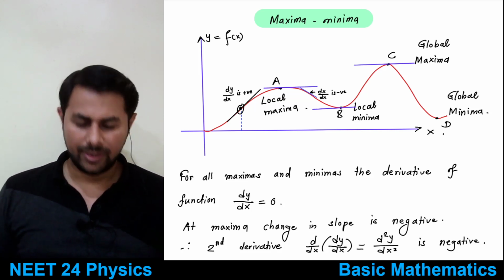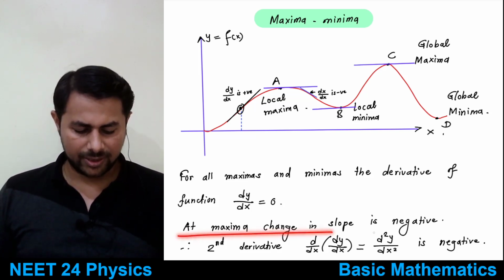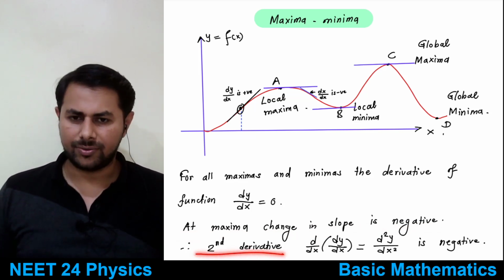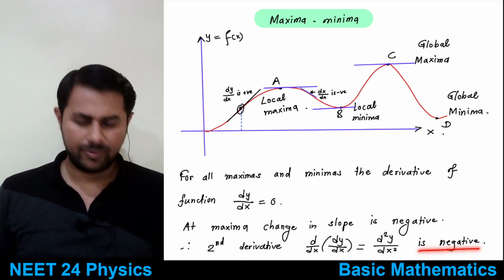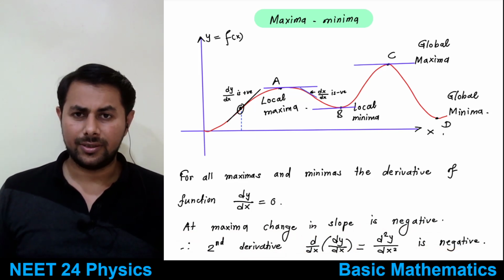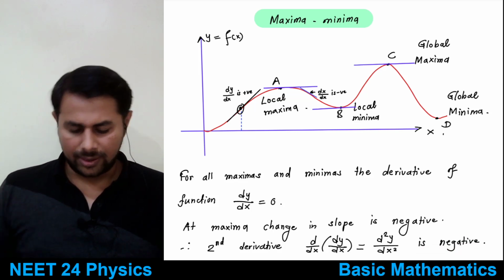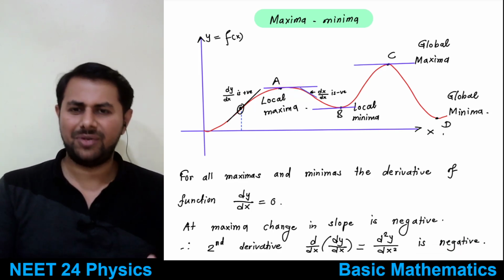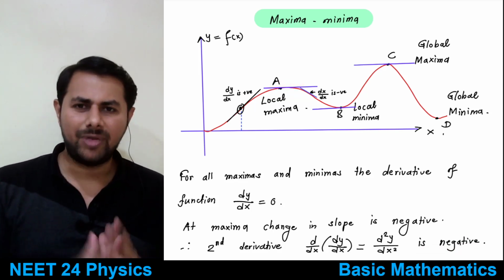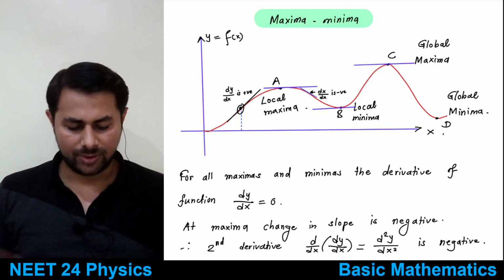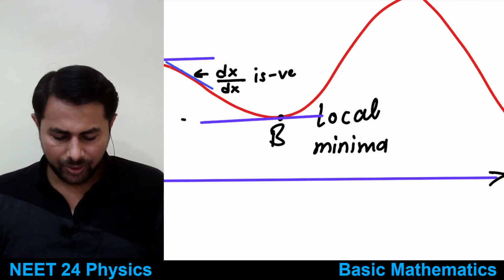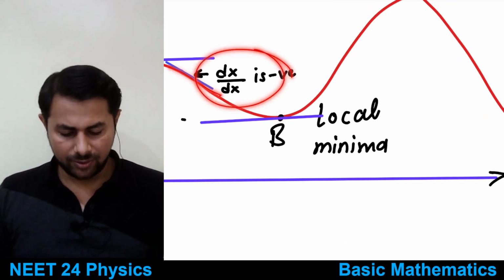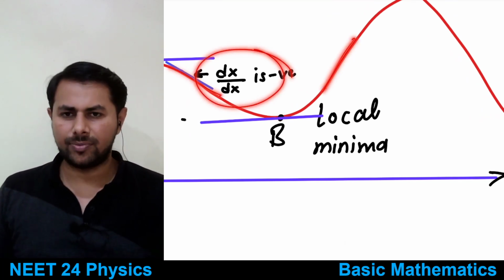Okay, very good. So at maxima, the change in slope is negative, meaning the second derivative, the derivative of a derivative, is going to be negative. So at maxima the double derivative will be negative, and what will happen at the minima? The double derivative will be positive, because before minima the slope is negative, after minima the slope is positive.